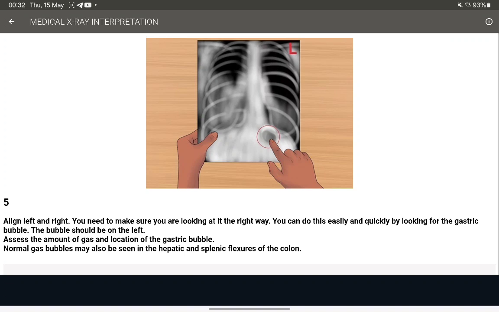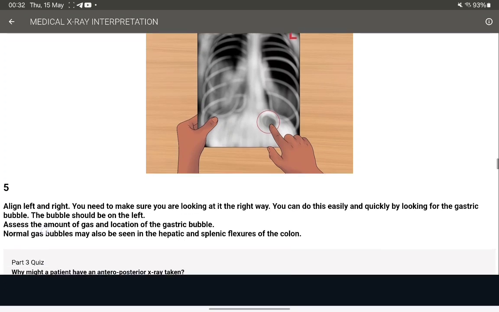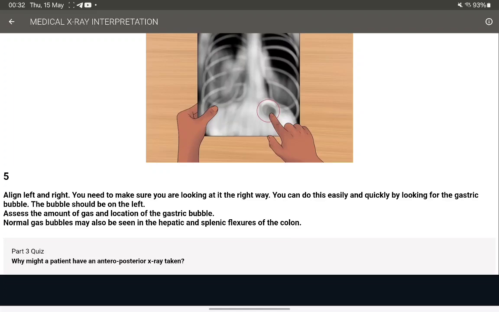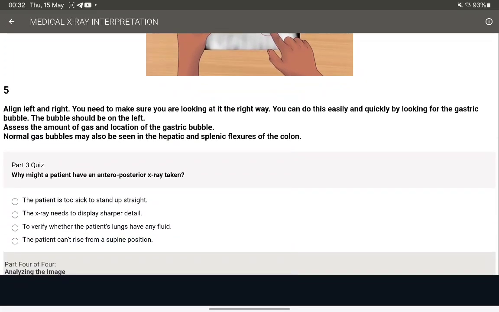Normal gas bubbles may also be seen in the hepatic and splenic flexures of the colon, which are the two sides of the transverse colon, because the spleen is adjacent to the gastric bubble and the liver is on the right side. So the splenic flexure is on the left, the hepatic flexure on the right, and both are the sides of the transverse colon joining the ascending and descending colon.